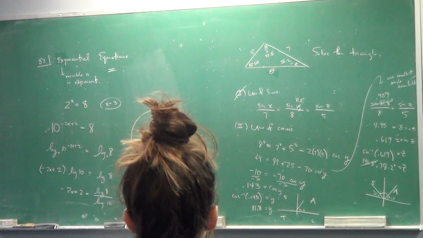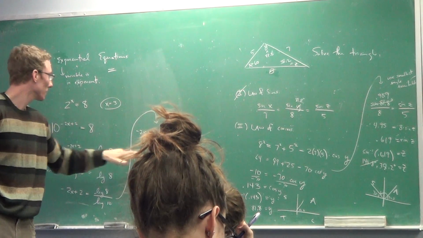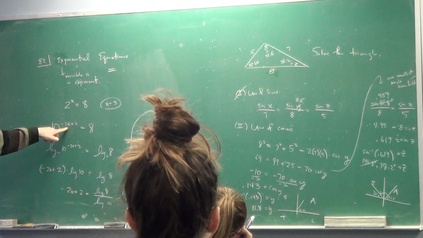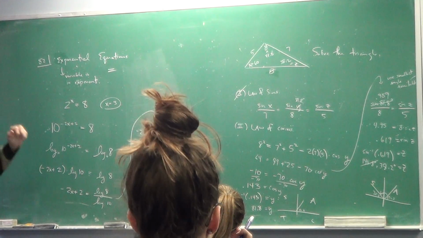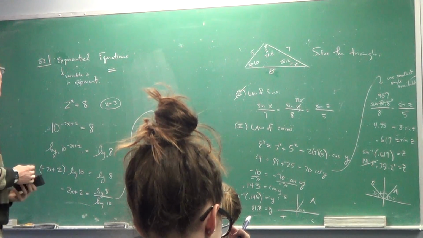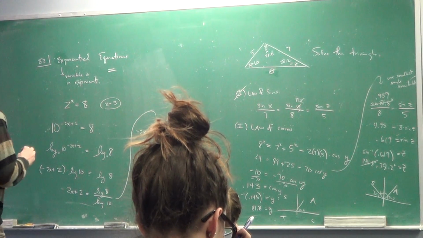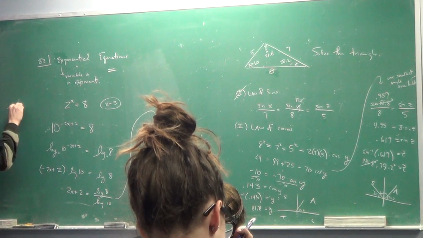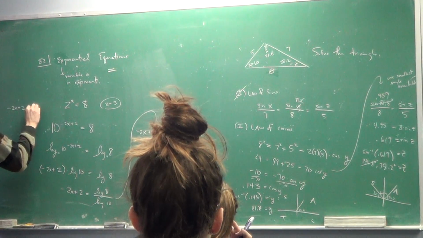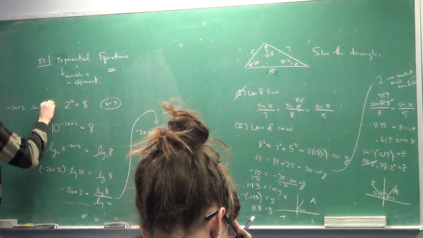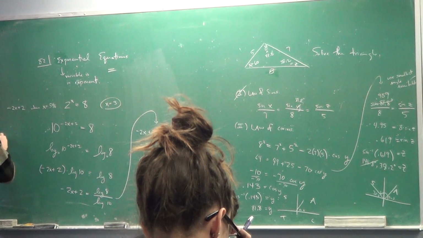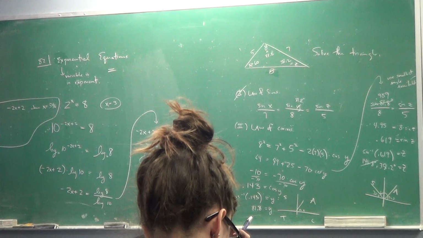Now, what does that mean? That means if you plug this value in for x in the original equation, the equation would be true. Let me prove to you that that's the case. If I go into the original equation and do negative 2x plus 2 when x equals 0.548, this is just a check I'm going to do over here.